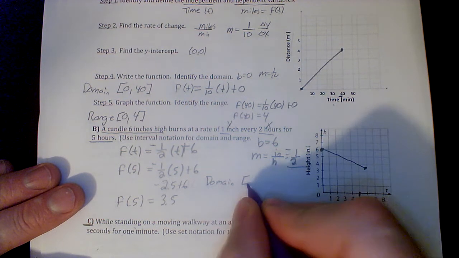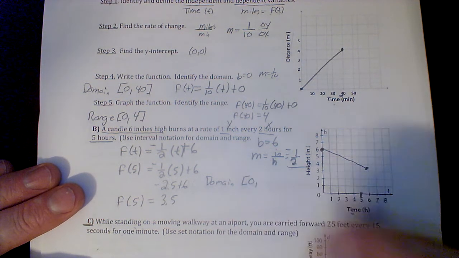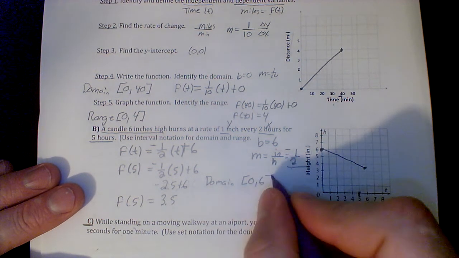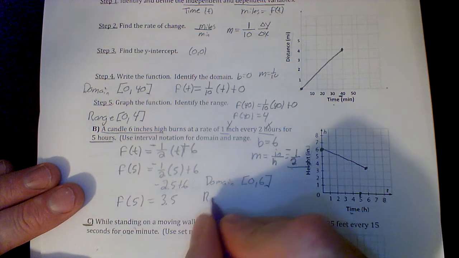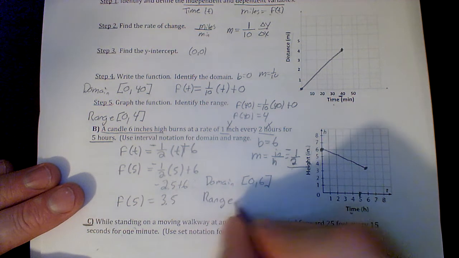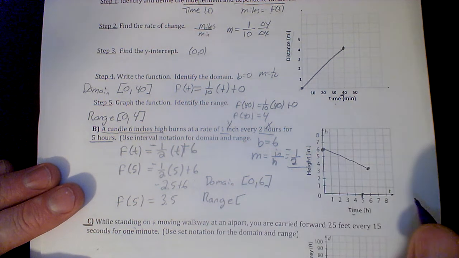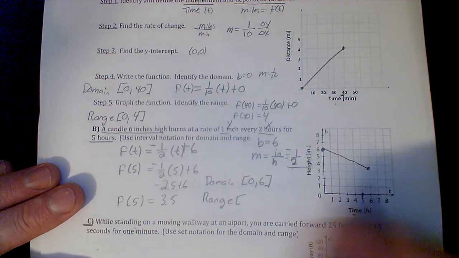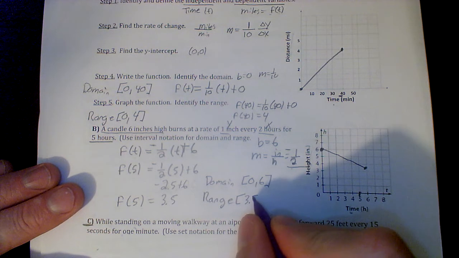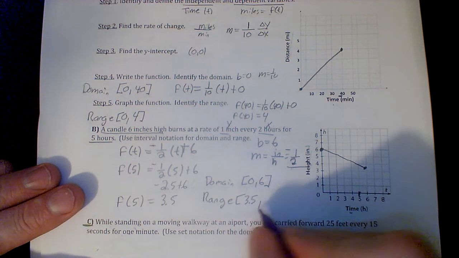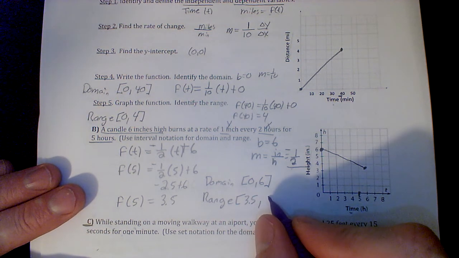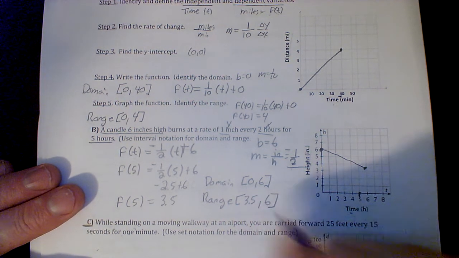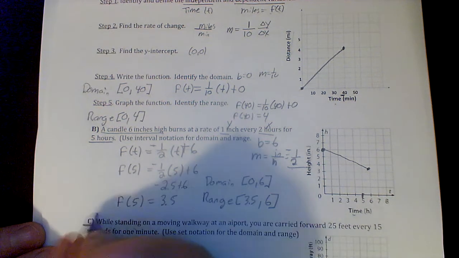It started burning at 0, and it ended burning at 5. We'll get our range. This is a little backwards because you got to get the smallest part first. The shortest this candle is is 3.5, and the largest it's been is 6 inches. And there we go. Give this one a shot. Talk it over with your table tomorrow, and we'll see what you got.